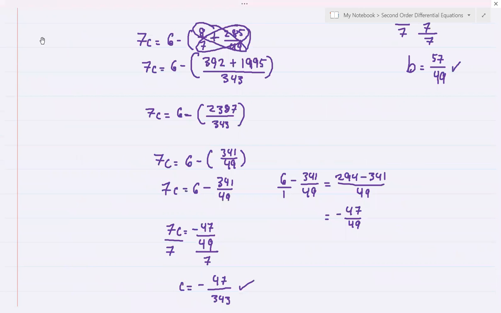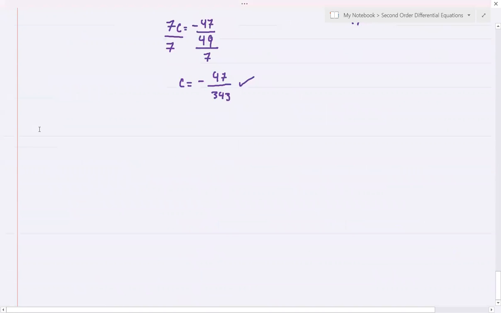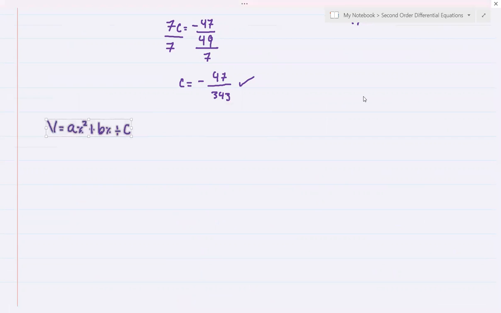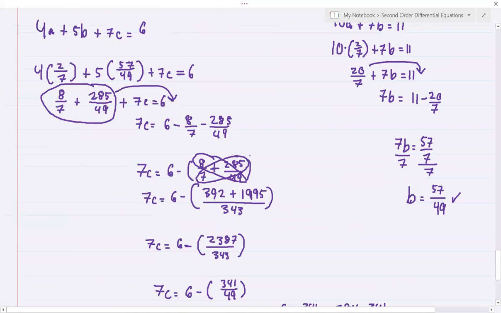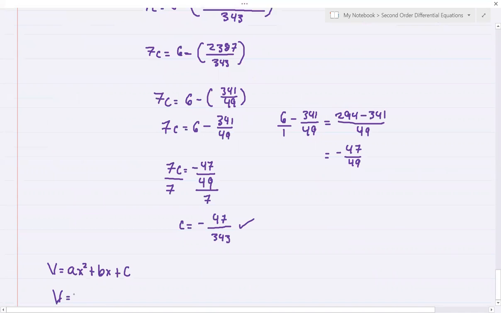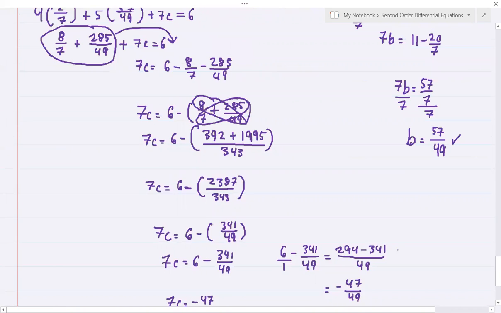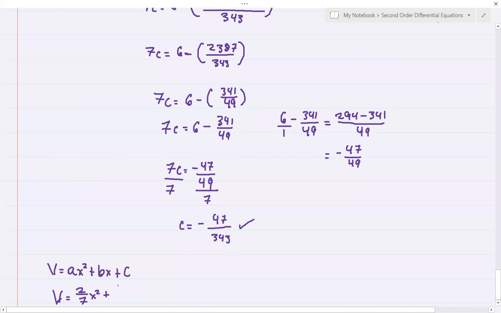So we will now have your V as, since your A is equal to 2 all over 7, 2 all over 7 x squared plus your B, 57 all over 49 times x, and your C would be negative 47 all over 343.